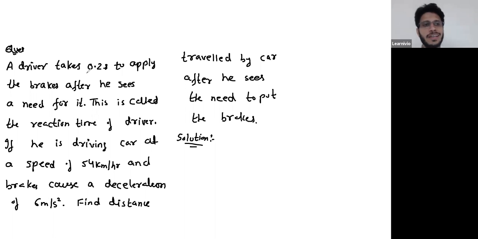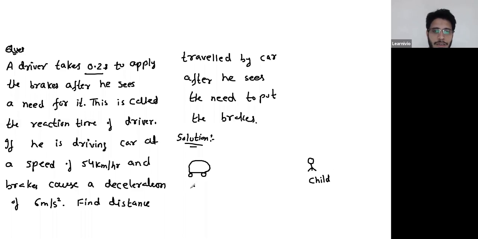So a driver takes 0.2 seconds to apply the brakes after he sees a need for it. Say this is a car. This car is moving. And say this is the child. The driver of the car sees this child at t equal to 0.